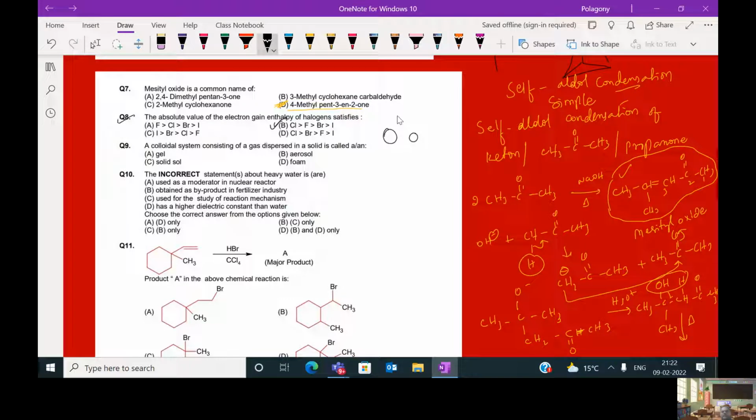So what is electron gain enthalpy? When an electron is added to chlorine, and when an electron is added to fluorine. Atomic number of chlorine is 17, fluorine is 9. When the electron is added to fluorine, what happens?